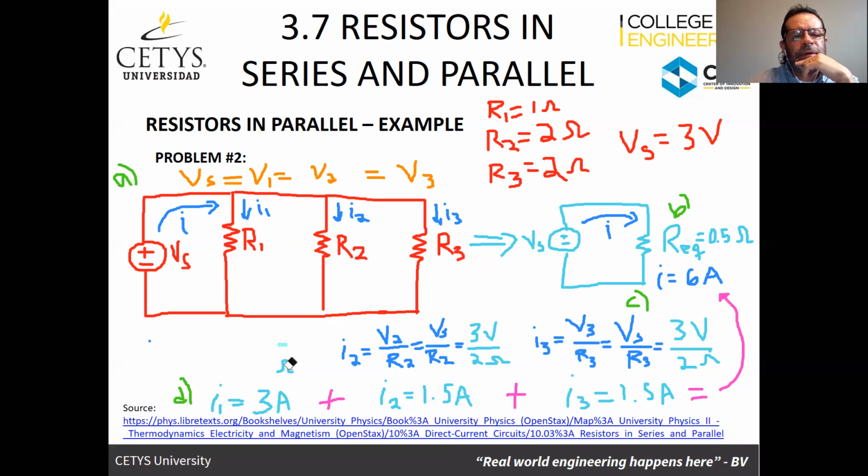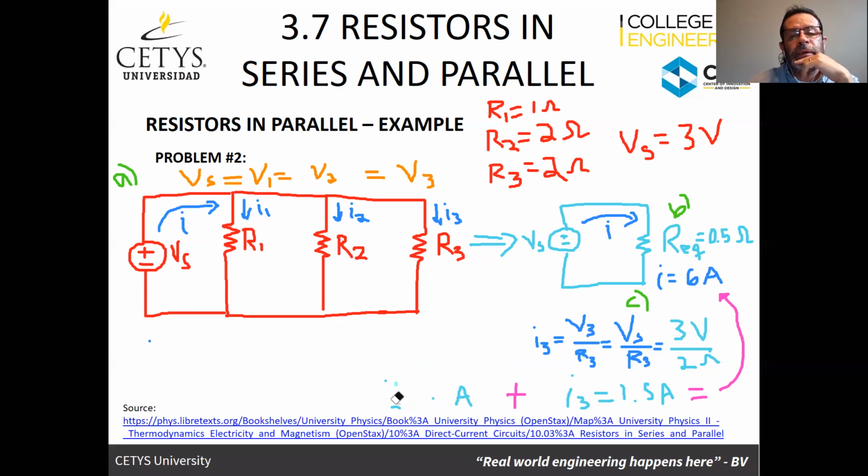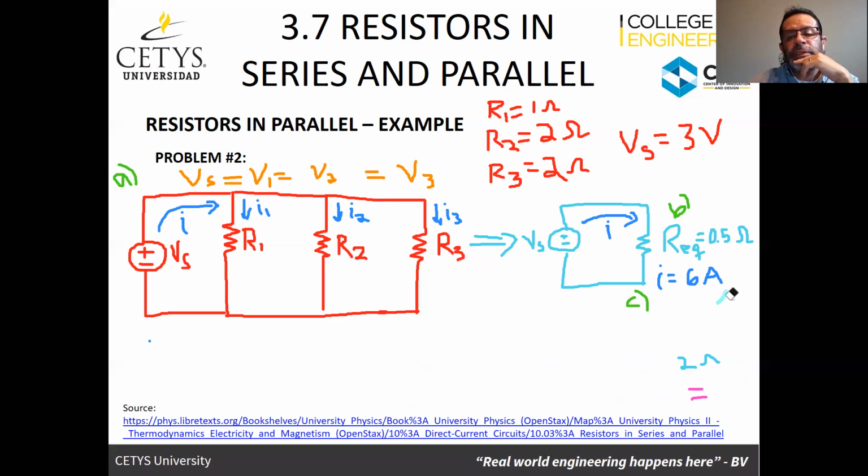The last thing that they're asking us for is to find the power that's being provided by the power source and the power that's being absorbed or consumed by each of the resistors. Okay, so I'm just going to write this down here just so we have it as a reference and not forget these values. We know that Vs is 3 volts.